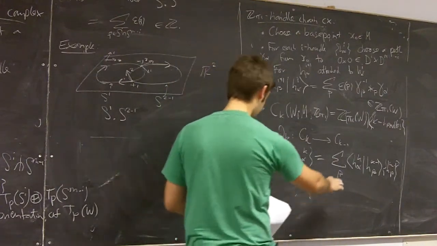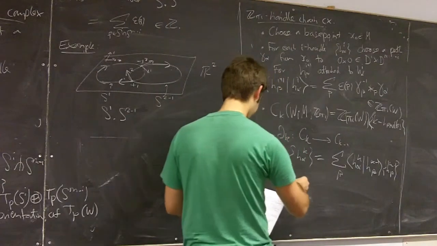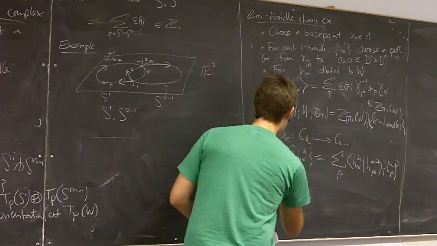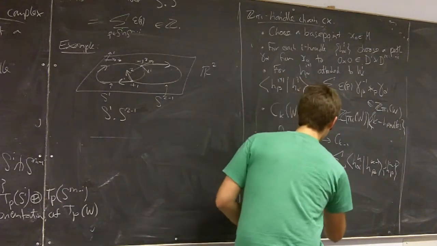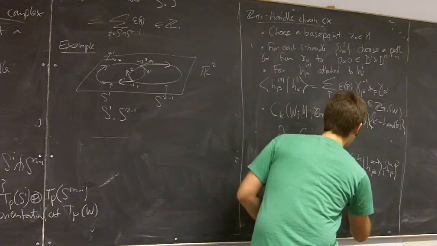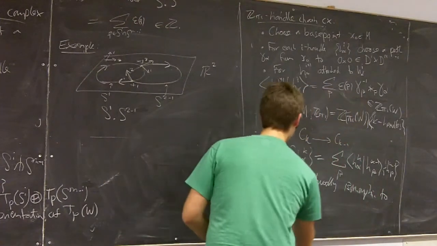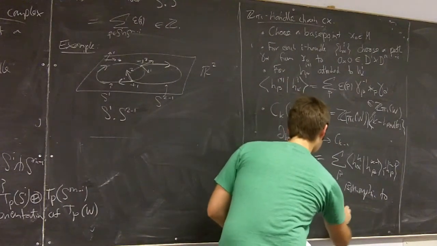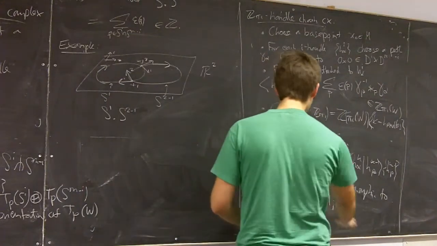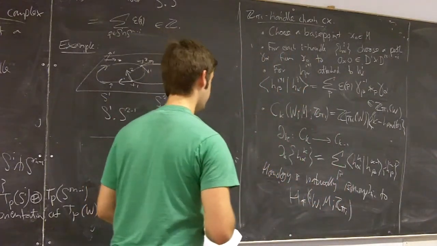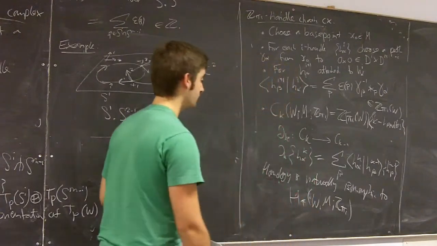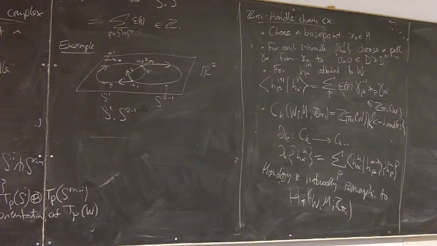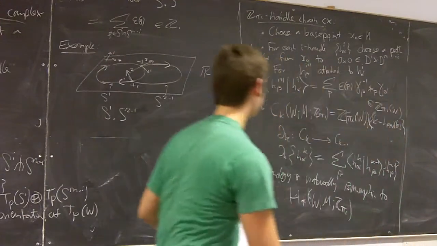And in fact, the homology of this is naturally isomorphic to the homology of W rel M with Z pi 1 coefficients. So we'll finish with one example, just seeing how this works.